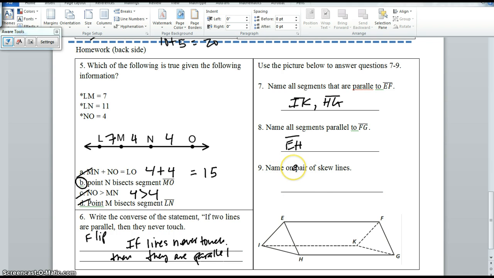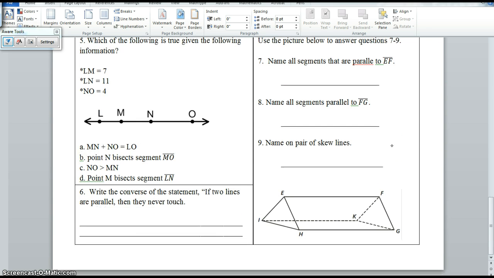This should say one pair of skew lines. So let's say EF and how about IH? IH. Not in the same plane, and they never intersect. Alright, that's everything.